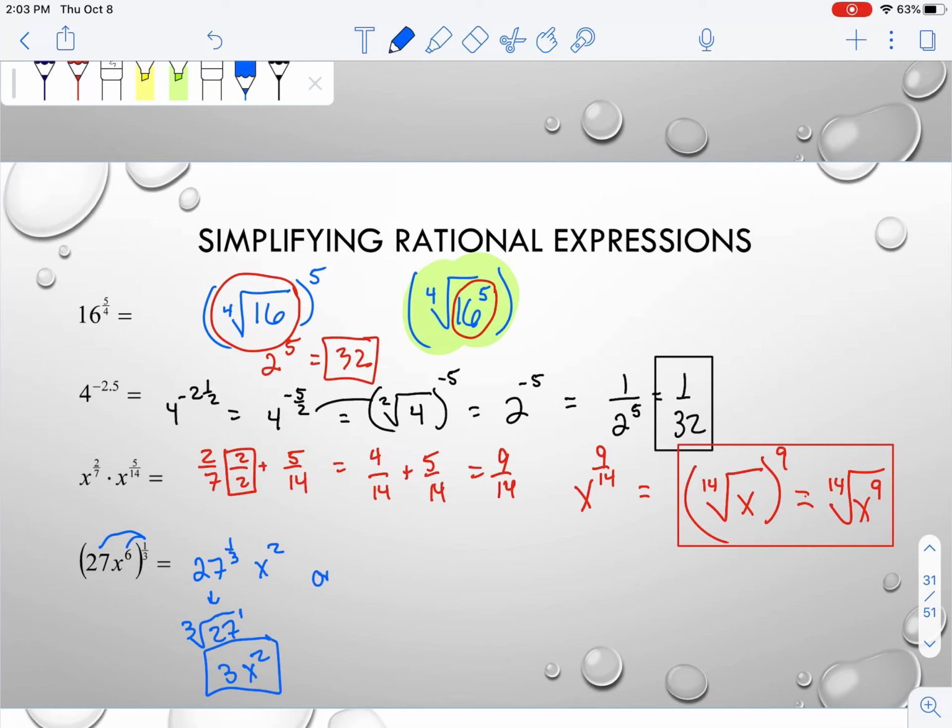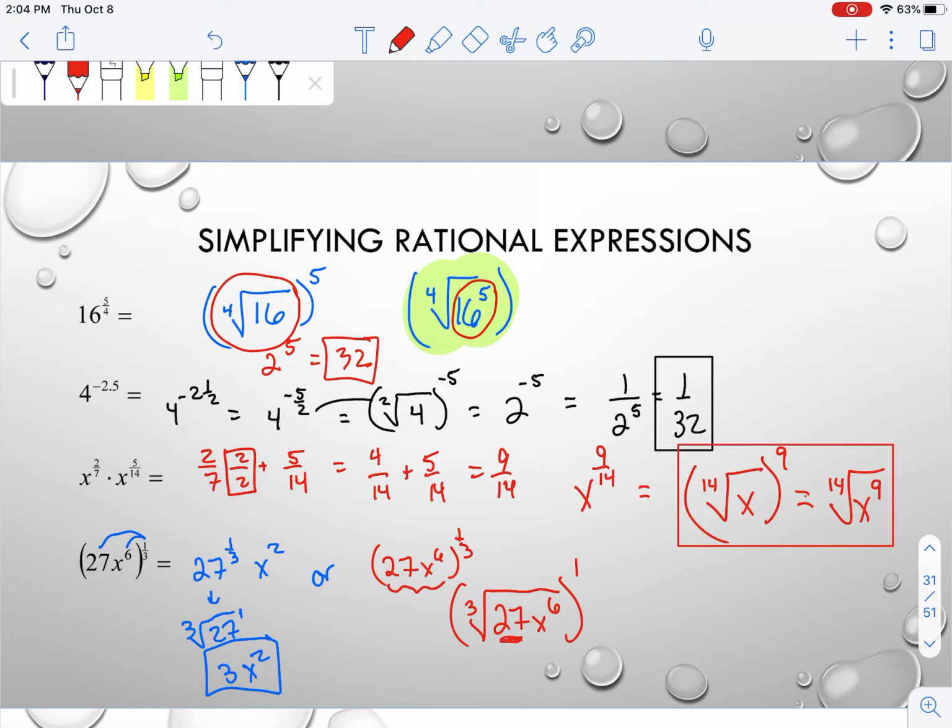The other way you could do this is, since you know that 27x to the 6 is all to the 1/3 power, you could take this whole thing as your radicand. That base goes under your radical symbol. I'm taking the cube root of that and then raising it to the first power, which really doesn't do anything.